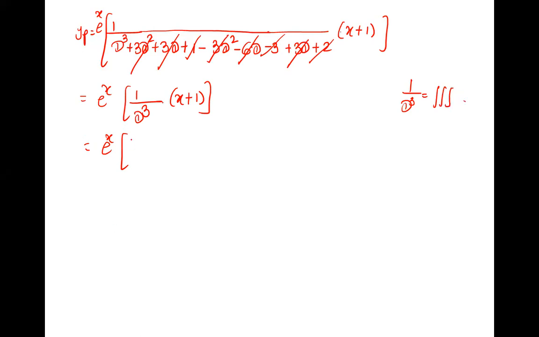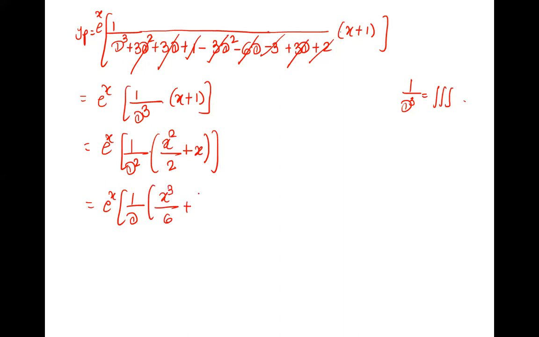So what we do here is we leave two integrations as they are and take the first integration of this. What is the first? x square upon 2 plus integration of x, that is x. Then we take one more integration of this term. What is the integration? x cube upon 6, plus x square upon 2.